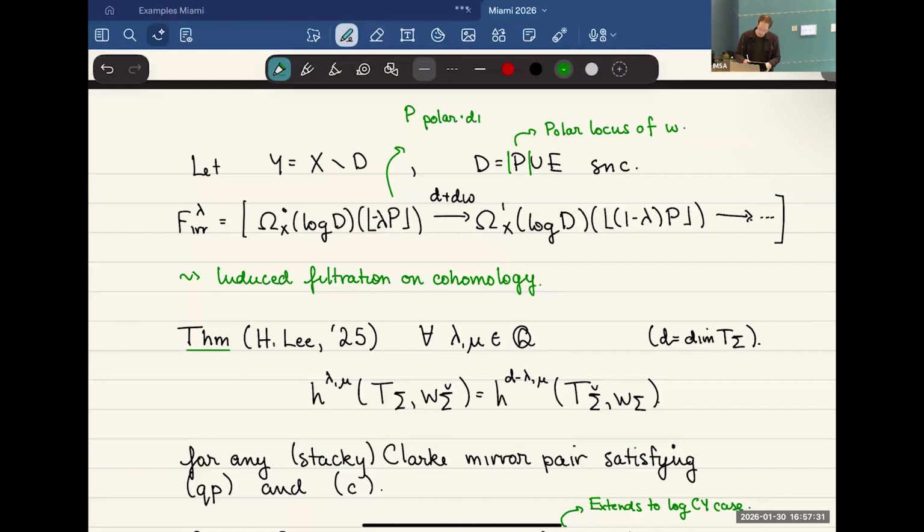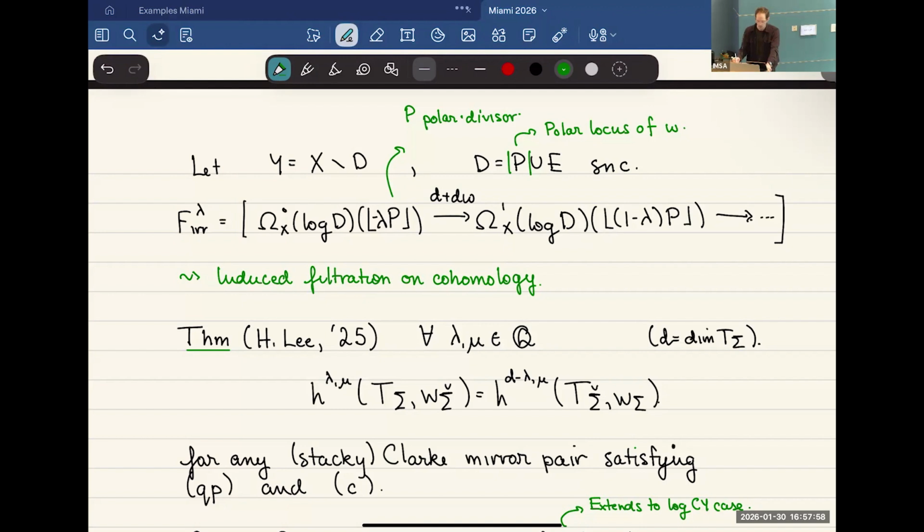Yeah, exactly. I should say a few more words about this. This is going to be a rational divisor, lambda P, and when I take the floor of this, I mean just take the floor of the coefficients of that rational divisor. And this object is going to be zero when I get something greater than zero.